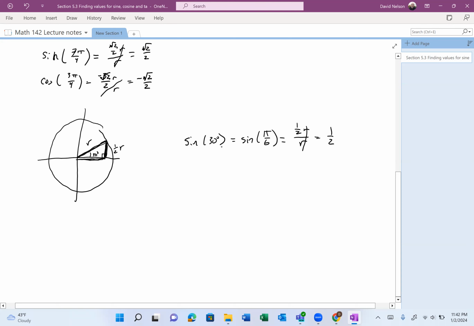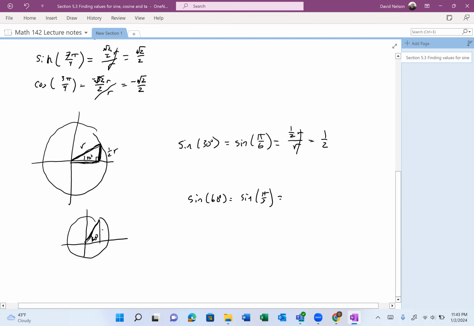If I look at an angle of 60 degrees in that unit circle, or pi over 3, if I look at the sine of 60 degrees, that's the same as the sine of pi over 3 in radians, if we measure that angle in radians.